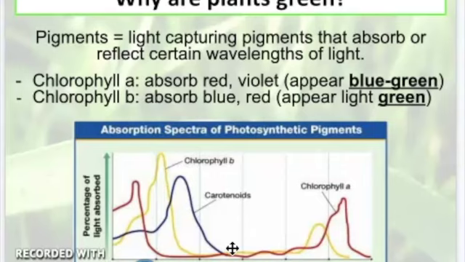Because sunlight includes all of our ROY G. BIV colors, all those wavelengths are going from the sunlight to the plant, and green is what's being reflected back to us. So that's why plants are green.